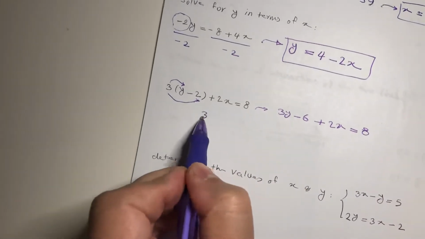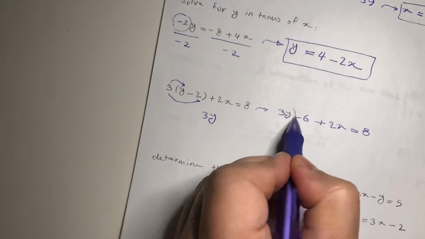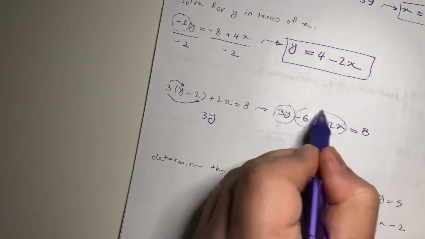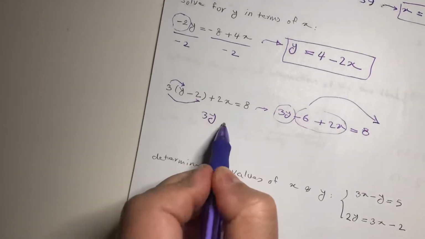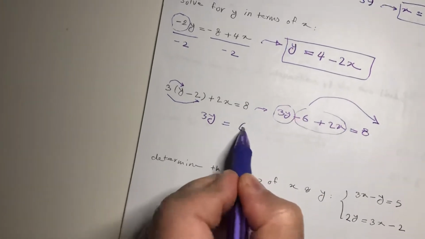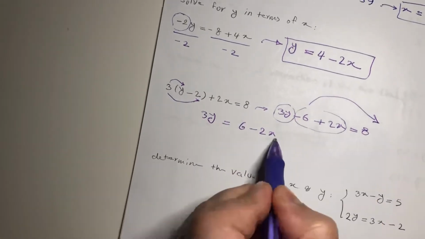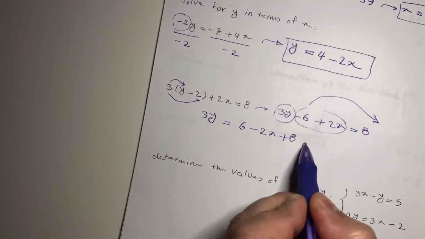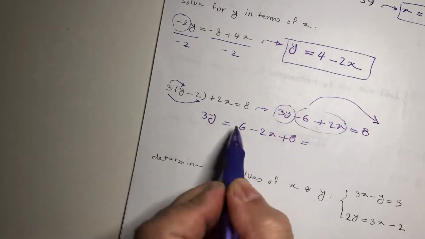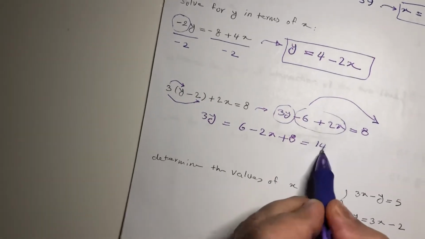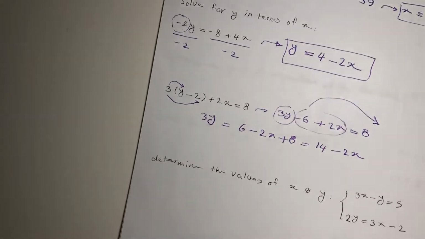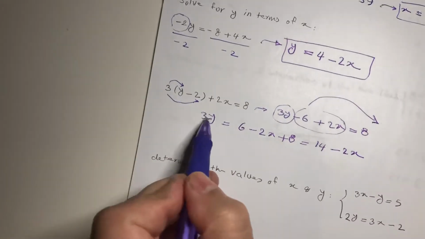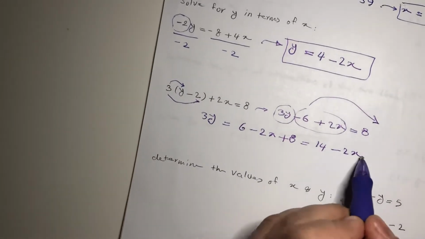This means 3y, we keep 3y here and we take everything else to the other side of the equation, equals 6 minus 2x plus 8, right? That is 6 plus 8 is 14 minus 2x. Okay, 3y equals 14 minus 2x.